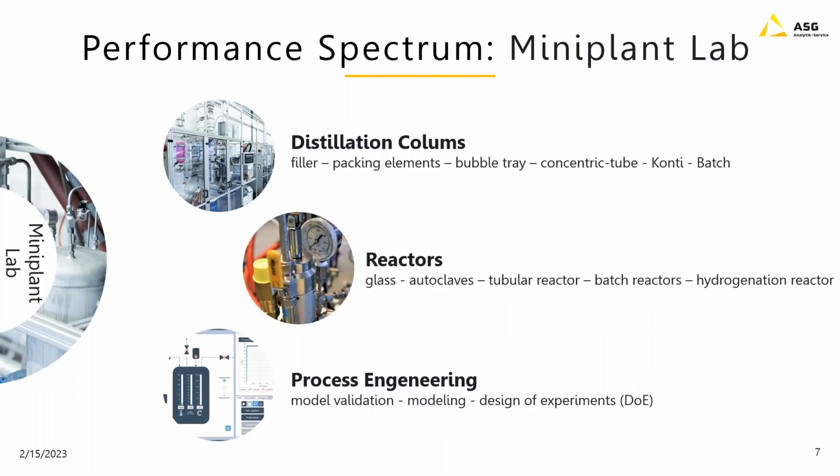Some words about the mini plant. In the mini plant, we can run different types of distillation because we run different columns, different packing elements, concentric tube columns. We can run them continuously or batchwise.